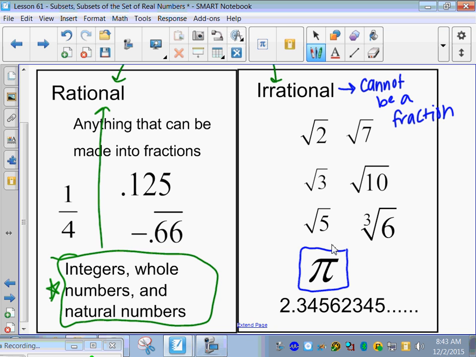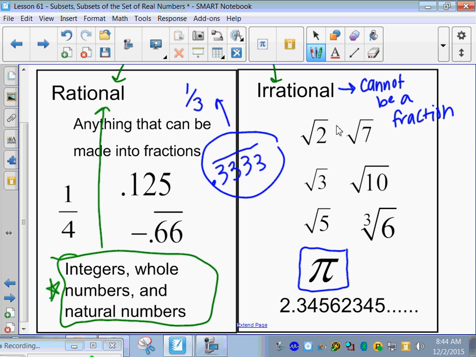No, not an exact one, okay? This lovely forever decimal that keeps going right here cannot be made a fraction. But if I gave you a number like 0.3333 repeating, is that rational or irrational, you guys? Why is this rational? It's the same as 1/3, so it's rational, okay, because it's a fraction.